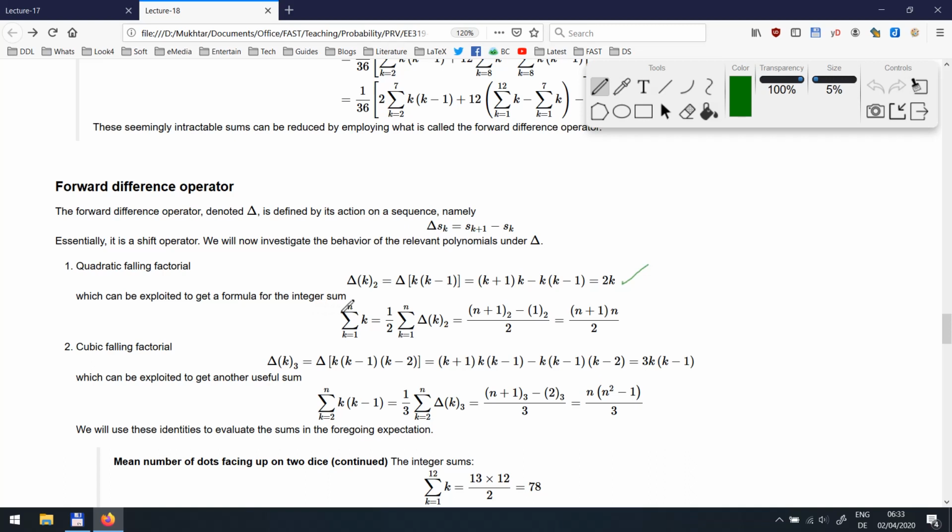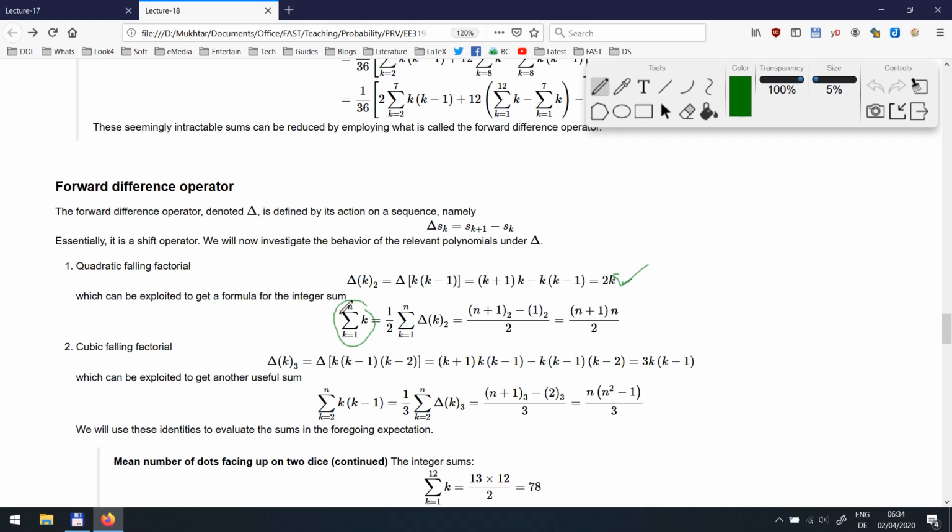So if I now want to check this method, although I know the answer, take the summation from 1 to n applied to k. Now this k I know is a result of some differencing operator except for that 2.